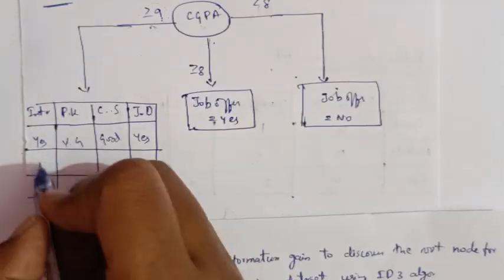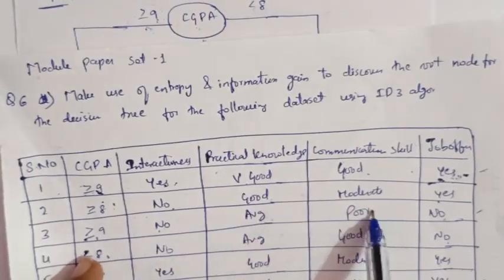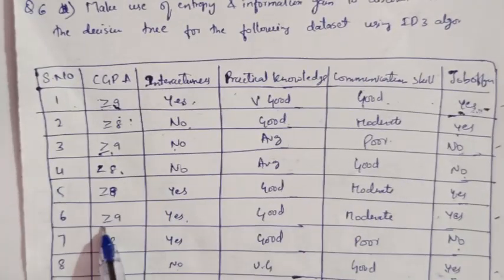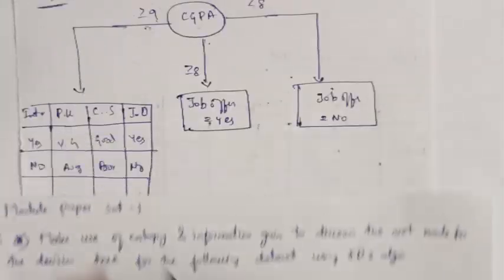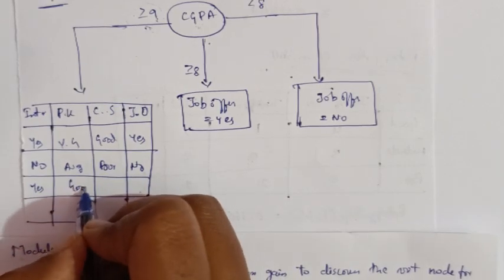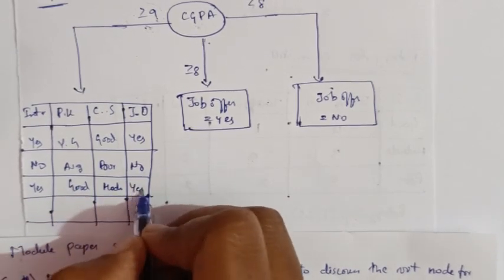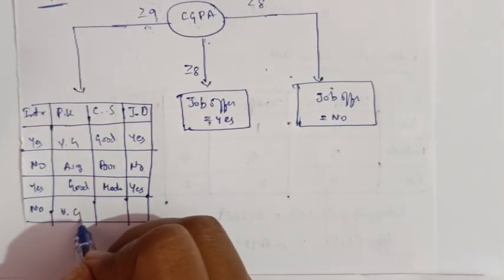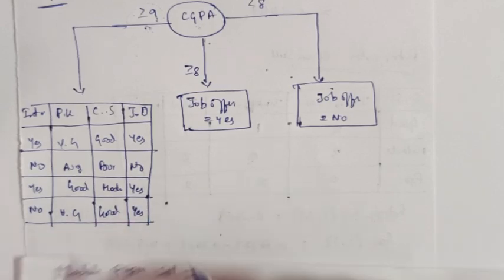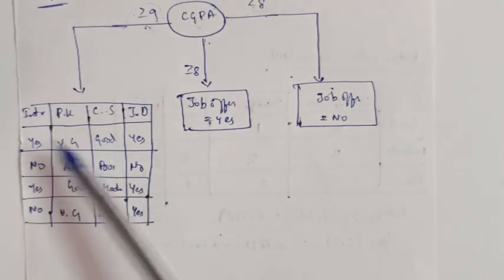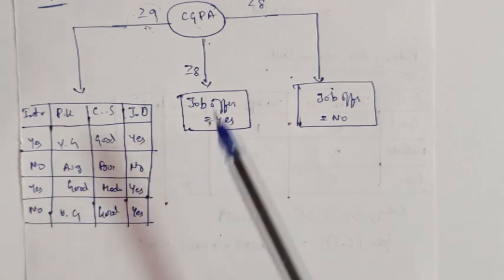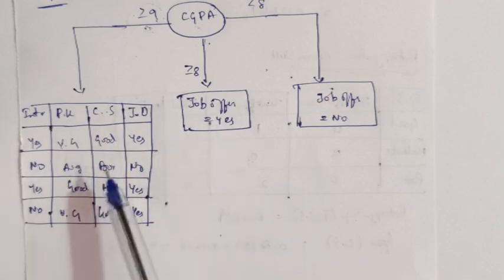Again here we have no, average, poor, no. And next here we have S, good, moderate, and this is also S. Again the last one is no, very good, and S. Now we have to find the entropy for each attribute again, and we have to find the gain as well. We have to perform the same procedure as we have done previously.